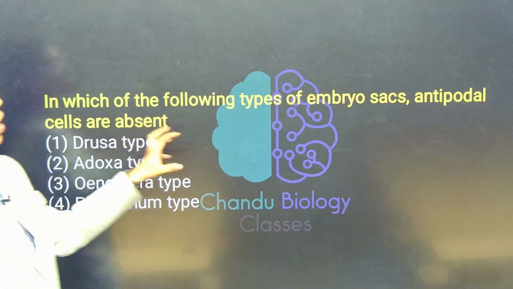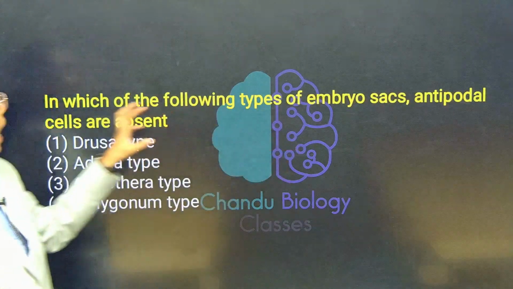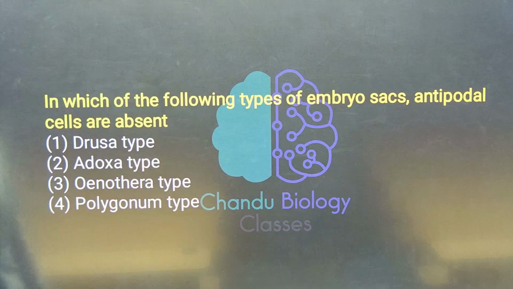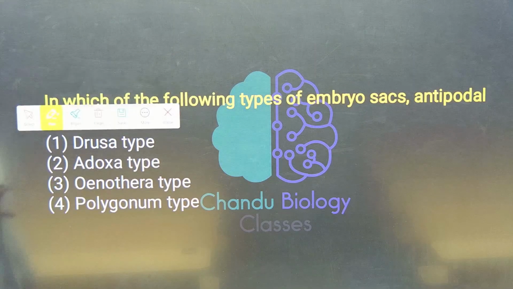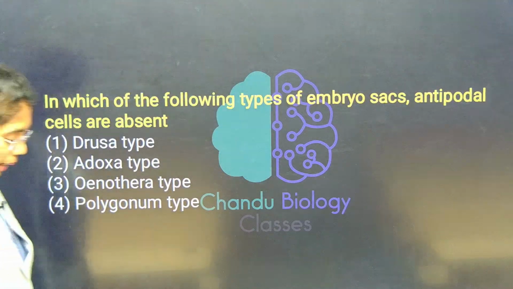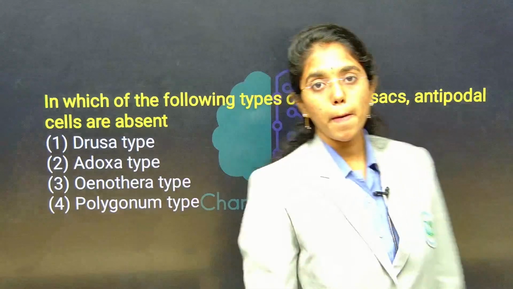In which of the following types of embryo sacs are antipodal cells absent? In what type are antipodal cells absent? Simple and easy to answer.